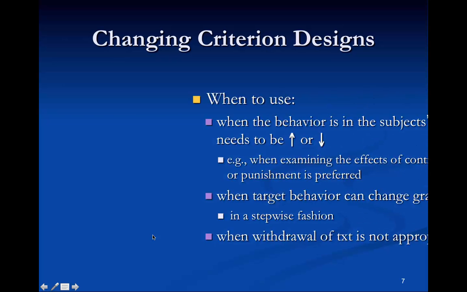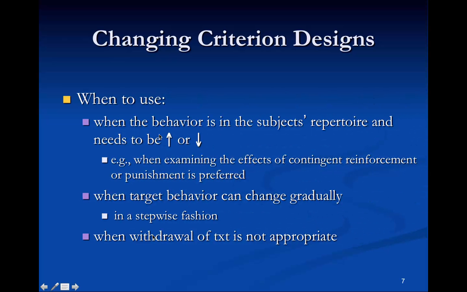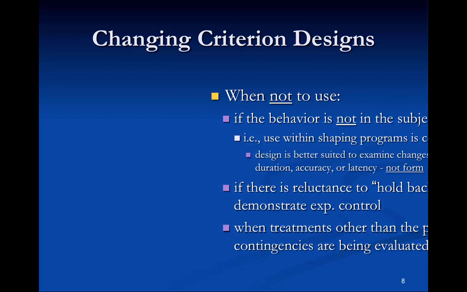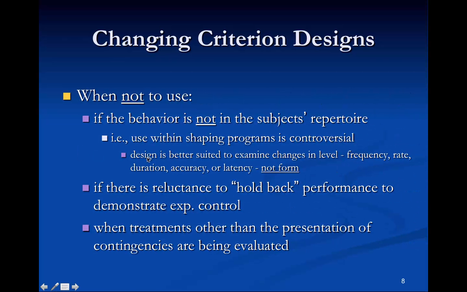Pretty straightforward. Now, when you use it, and we've talked a lot about this already, obviously the behavior has to be in the subject's repertoire because you're going to increase or decrease it somewhat. And the target behavior has to be able to change in a stepwise or gradual fashion. So that's where the challenges come in.